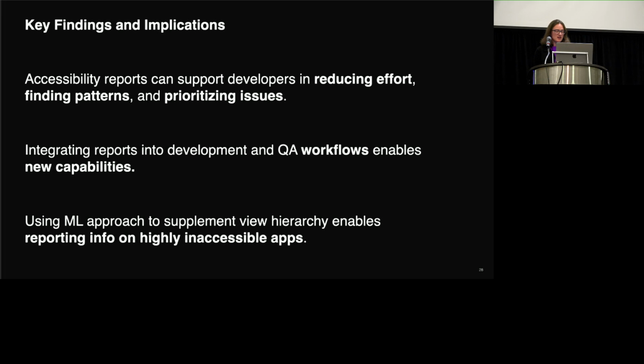And then lastly, the machine learning approach that we use in this work can help report issues even on highly inaccessible apps, which have little to no view hierarchy, which is also a key differentiator from prior work, which relies heavily on view hierarchies, which may not be available in some of the worst-case inaccessible apps.